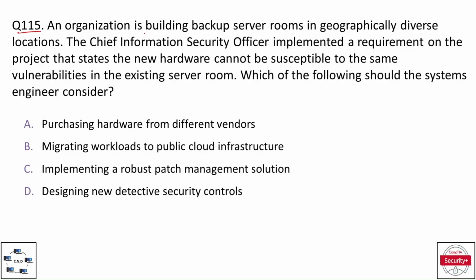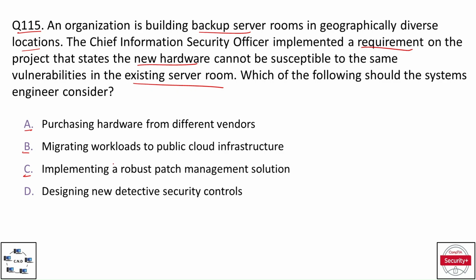Question number 115. An organization is building backup server rooms in geographically diverse locations. The Chief Information Security Officer implemented a requirement on the project that states the new hardware cannot be susceptible to the same vulnerabilities in the existing server room. Which of the following should the system engineer consider? And the options are option A, purchasing hardware from different vendors. Option B, migrating workloads to public cloud infrastructure.